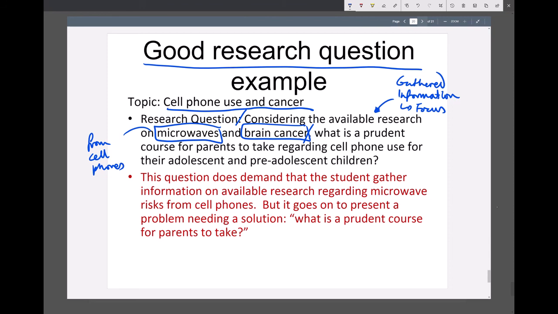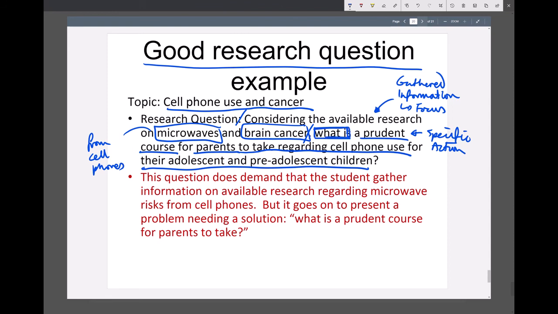And then here, even though it's a what question, it's a prudent course for parents. So here it's a specific action, usually about parents. So what should parents do about children using their cell phones? So, yes, here is a what question.